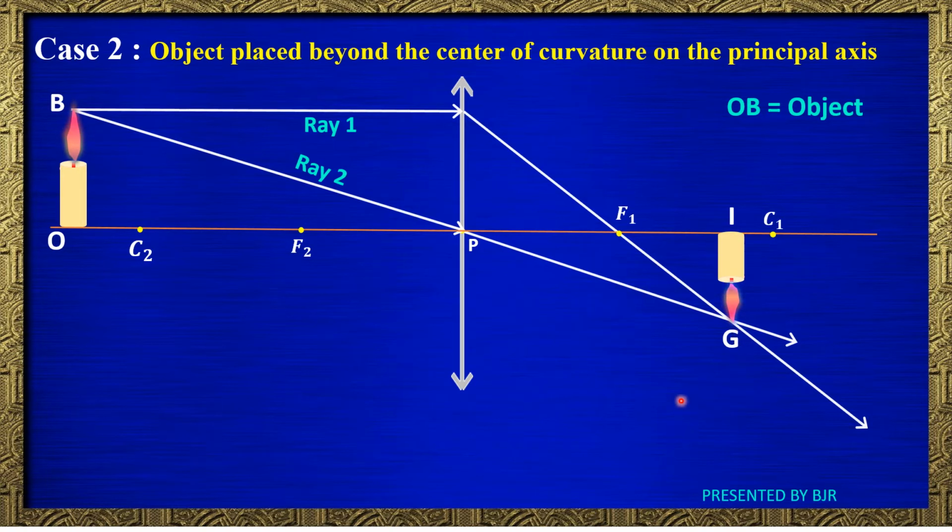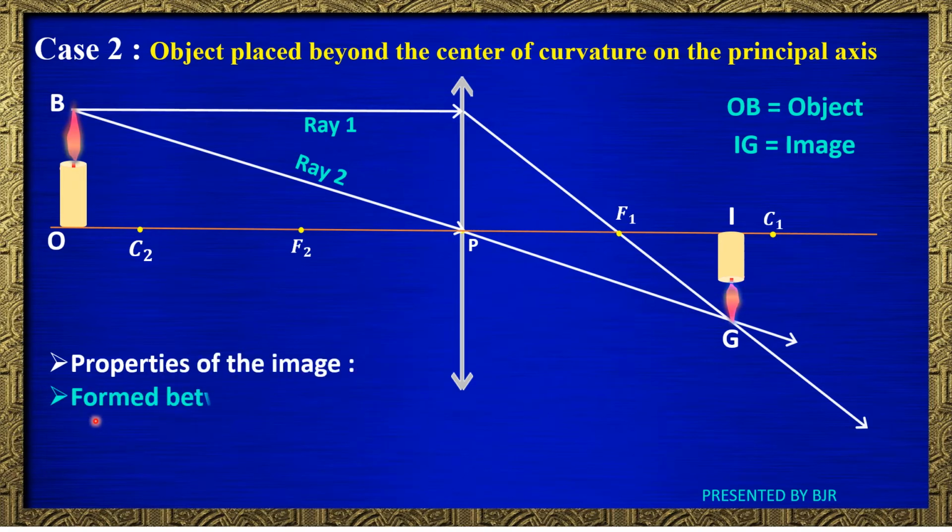Whenever refracted rays do not cross one another, but they cross by extending them backwards, at that time a virtual image will be formed. Okay, so here these two refracted rays are crossing one another, hence the image formed here is a real image. It can be caught on the screen. Okay, so let us write the properties. IG is the image here. I am writing the properties.